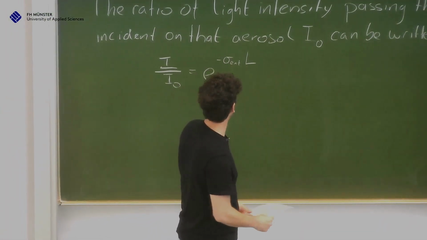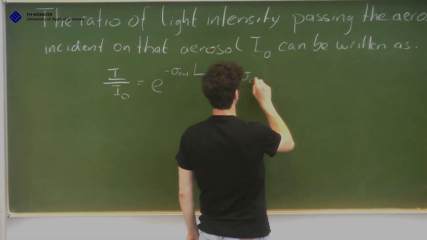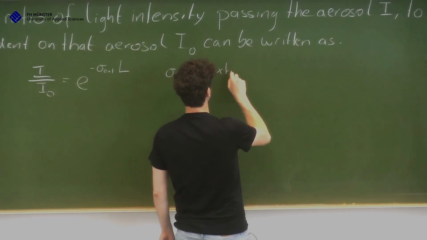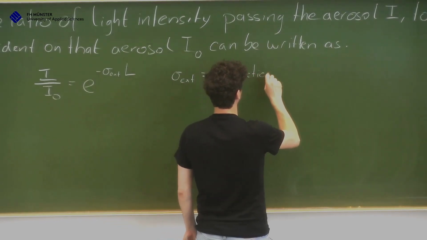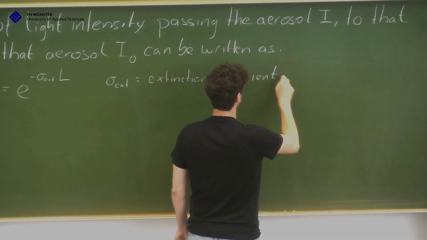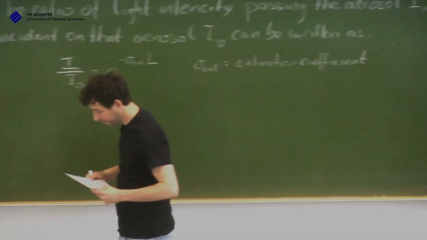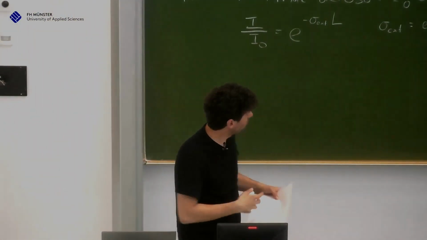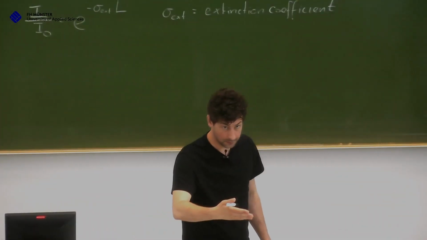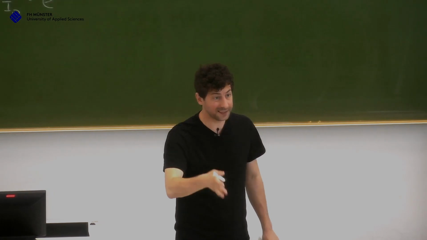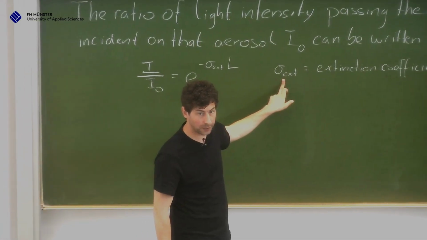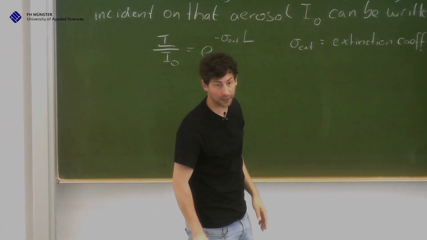So what is sigma extinction? Sigma extinction is the extinction coefficient. And this is the fractional loss in intensity per unit length. So for normalized length, this tells me how much of my light I lose when I go with the light through my aerosol.